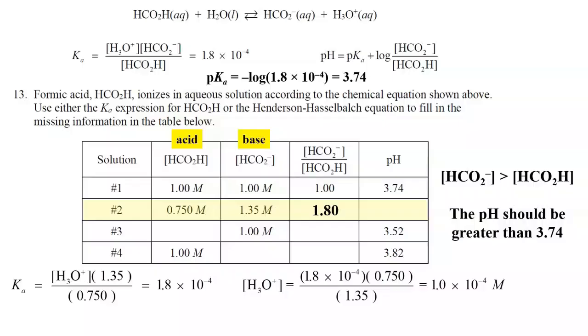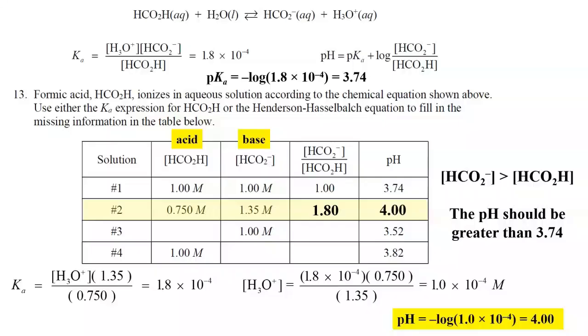And when I do that math, I get that the concentration of the hydronium ion is 1 times 10 to the negative 4. The negative log of that concentration of the hydronium ion is the pH of solution 2. And that's going to work out to be a pH of 4.00.